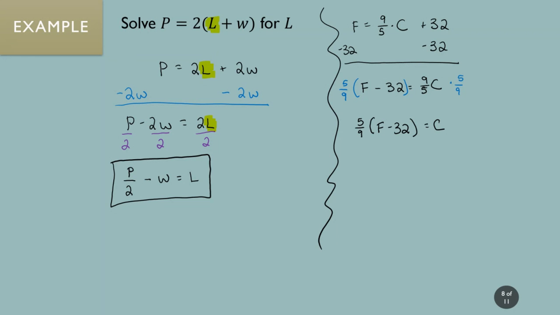Are there any questions? Yes, Omar. P minus 2W divided, yes, that is, yes. So the alternate form, P minus 2W over 2 equals L. This is also mathematically correct.